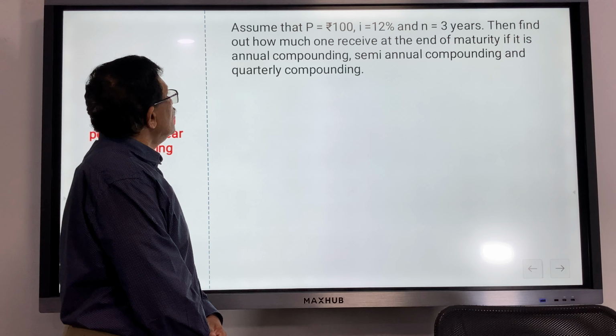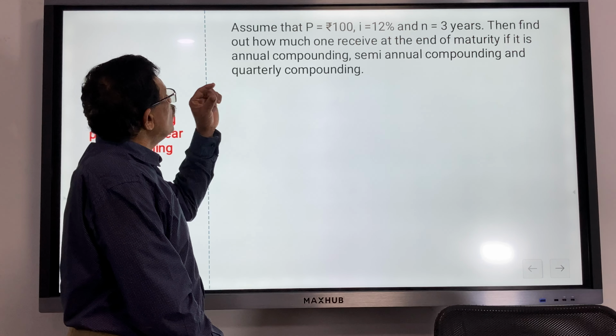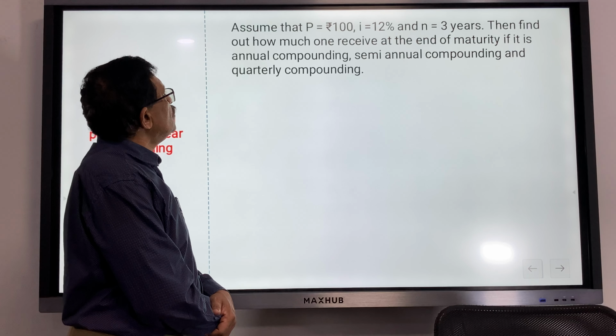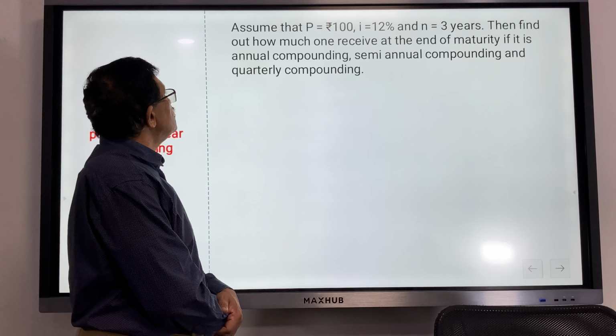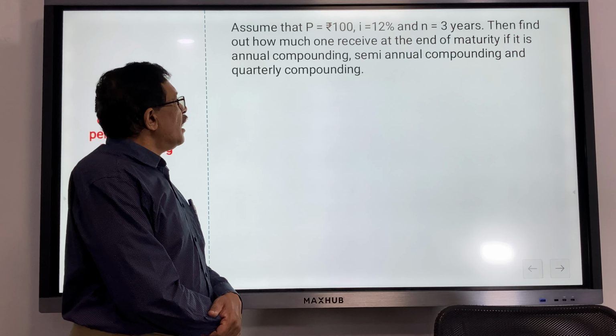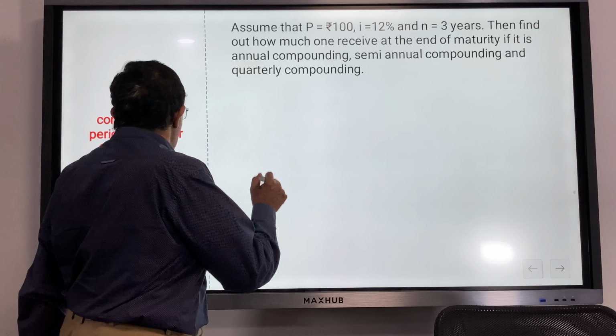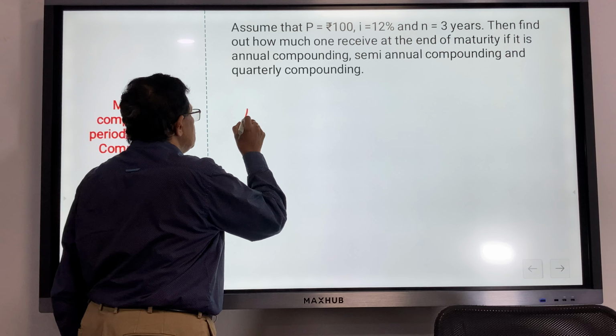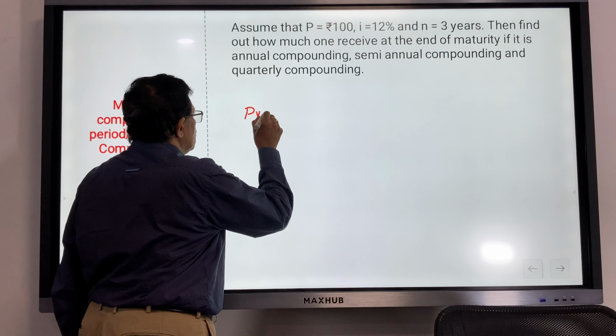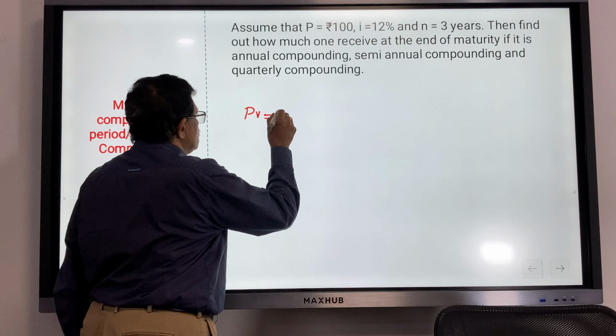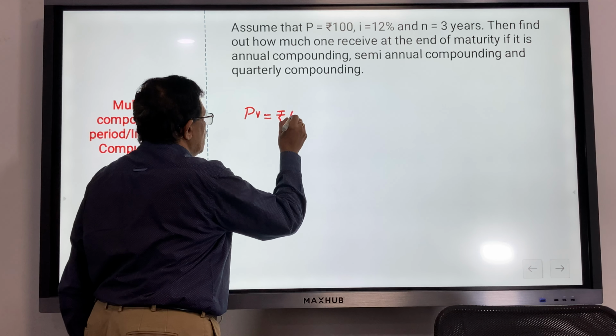So here we have three important components in the problem, variables. One is P, I and N. Present value has been given as rupees 100.